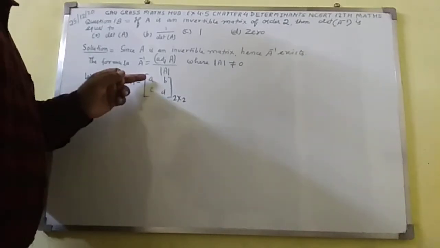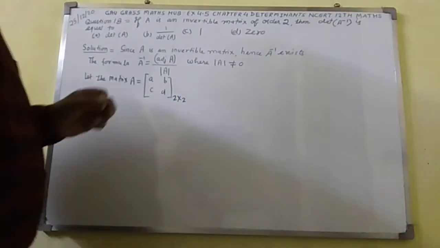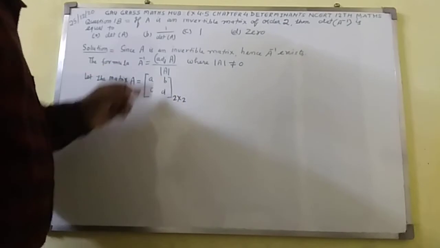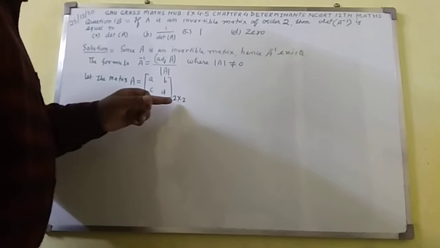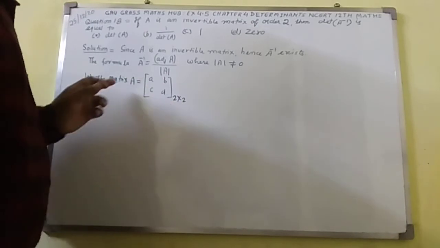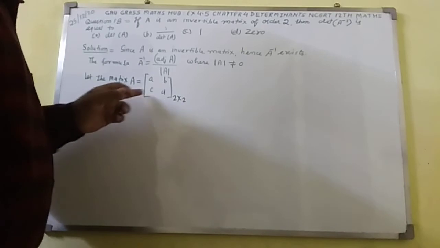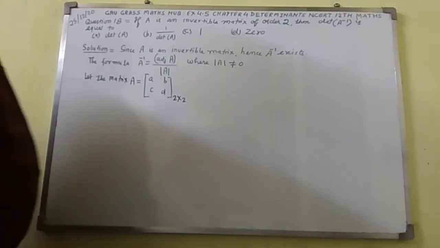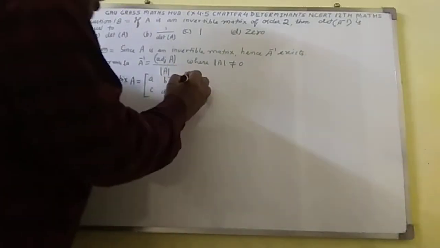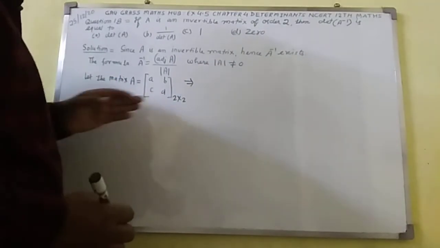Here there are two rows, first row and second row, and also two columns, first column and second column. Since the number of rows is equal to the number of columns, this matrix is a square matrix of order 2 cross 2.